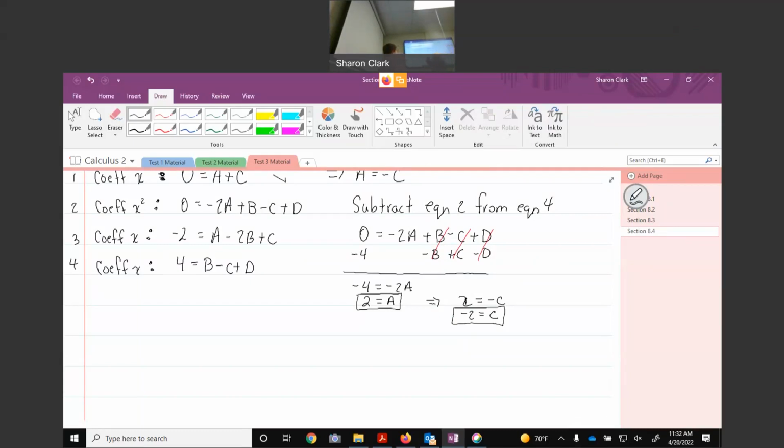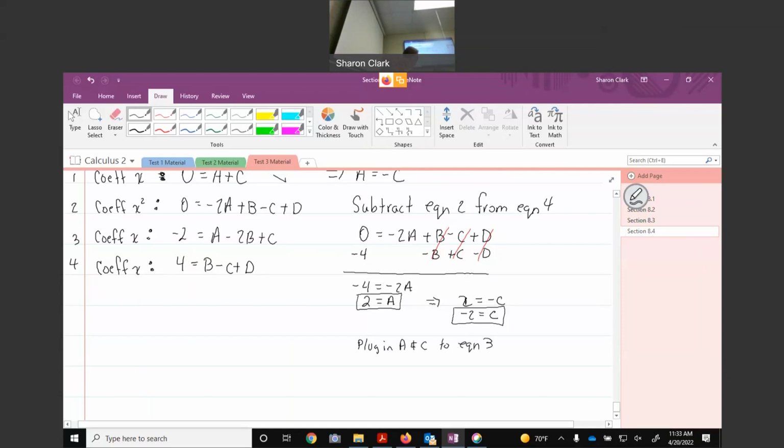I can't do 4, but I can do 3, because it's A and C, not B and C. So plug A and C into equation 3.